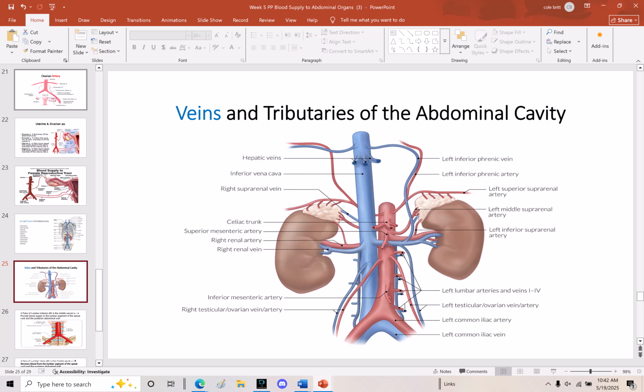Then everything is packaged by the hepatocytes. I don't know how much detail Dr. Hoffman is going to go into with the hepatocytes. I don't do a lot with it because it's just not feasible. So the fat makes its way back into the circulatory system, right here.